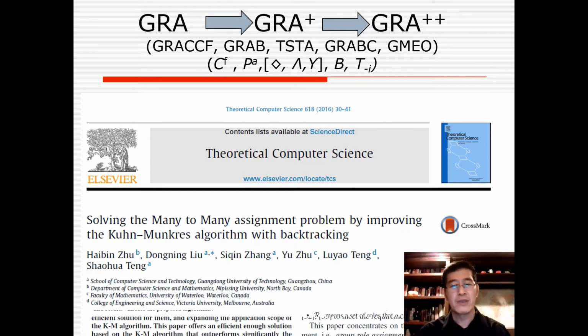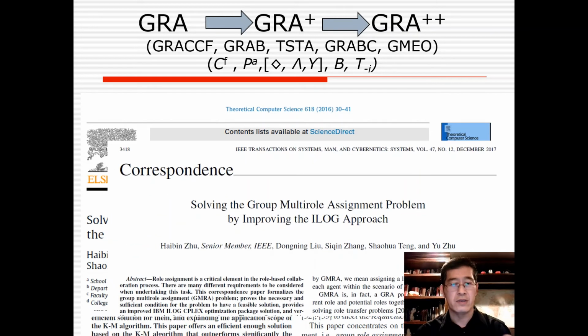In GRE, we assume that one agent can only be assigned one role, but in GMI, we assume that an agent can be assigned more than one role. These two are the same problem but with different solutions.